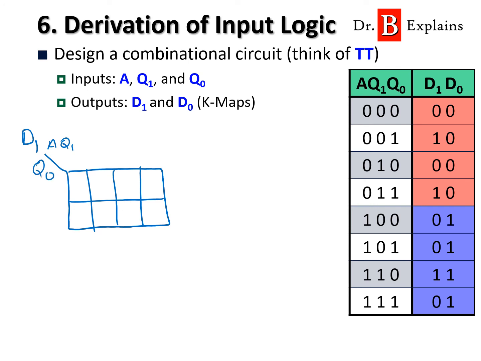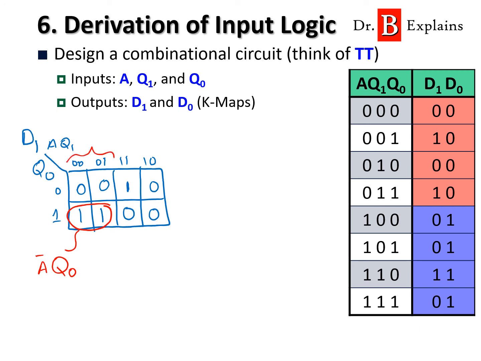We fill it with 0, 0, 0, 1, 1, 1, and 1, 0 for Q1 Q0, and 0 and 1 for A. And so in this case, we have that one, and that is A and Q0 not.